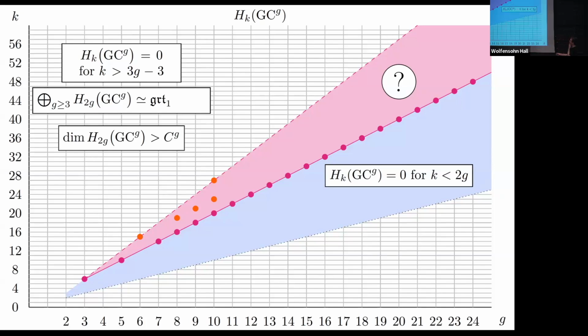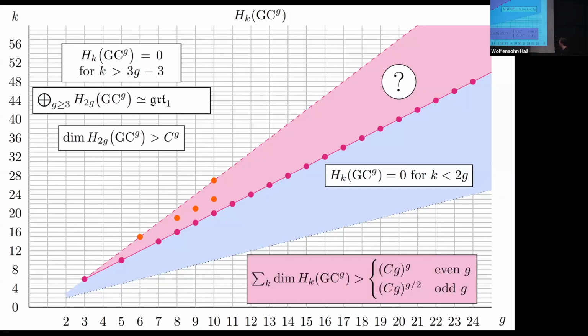From 11 on, we essentially only know this pink line with the dots living on it. But we know that the number of classes here on this pink line grows exponentially. And now the new result is that in this red wedge, there's super exponentially much homology hiding. So this is the summary of what I said before.